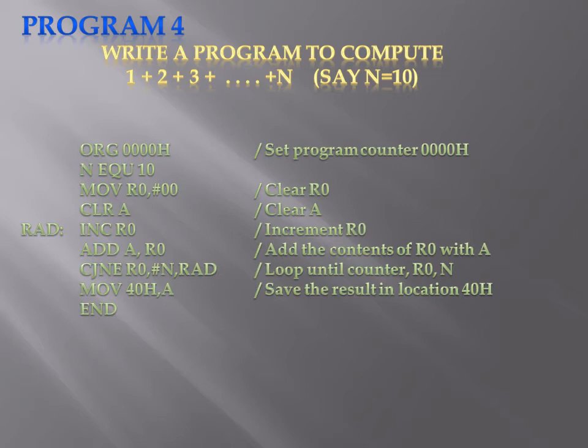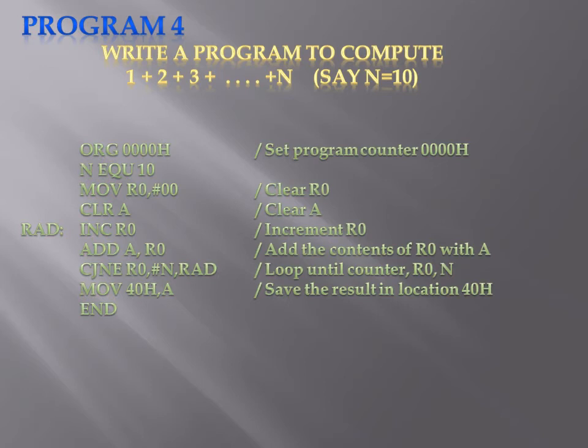The control will come out of this loop. But till then it will go to RAD, increment R0 and add R0 to A. Suppose in one loop it was 1, and now it is incremented to 2, then the accumulator is already 1, so it will add 2, in the next it will add 3, then 4, and so on. At a time R0 will become equal to n.